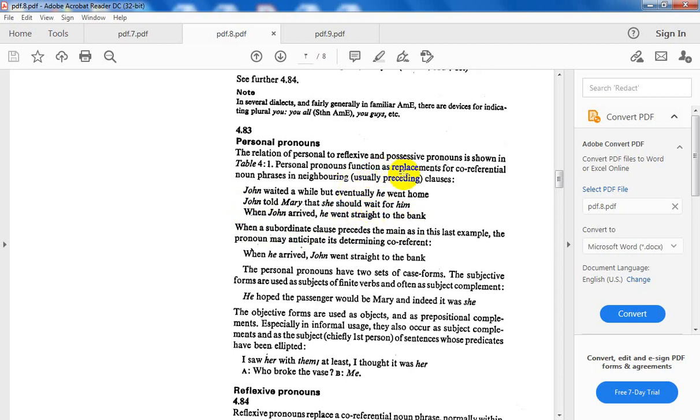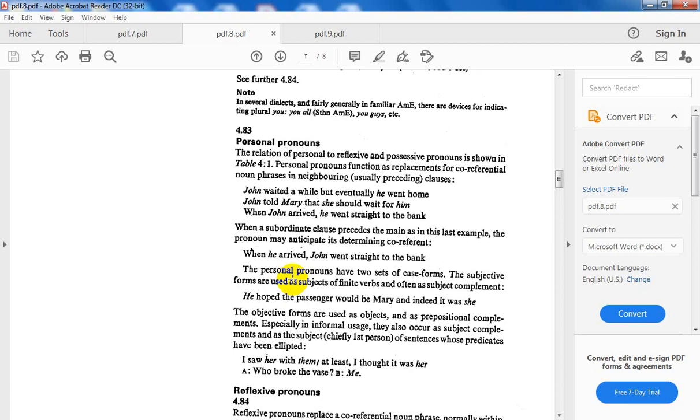It is a replacement, a co-referential replacement. Again, they can have what is called co-reference. What does it mean? When a subordinate clause precedes the main clause, the subordinate, meaning the dependent clause, cannot stand by itself alone.